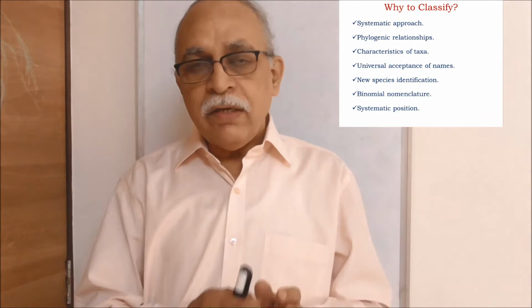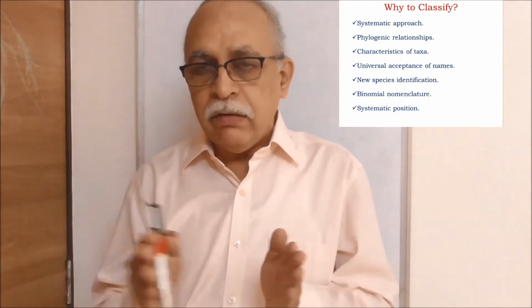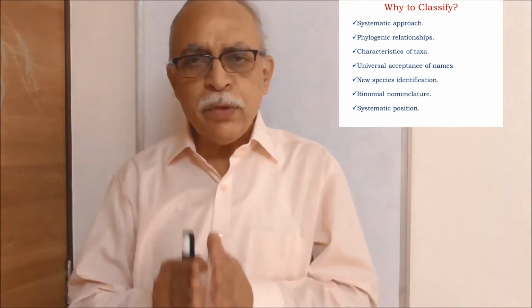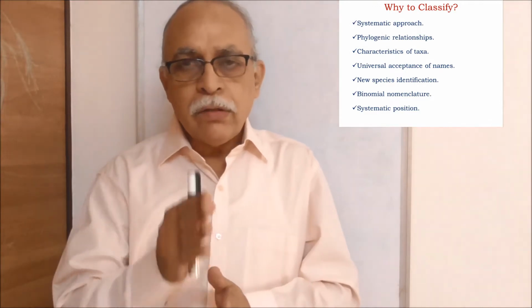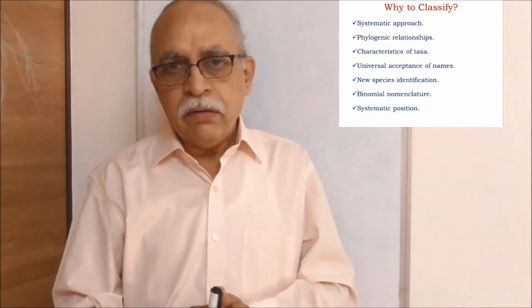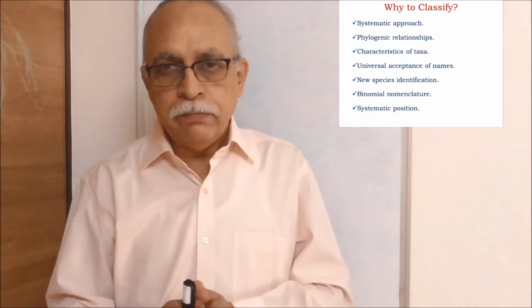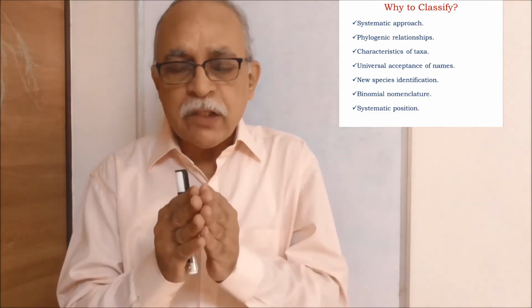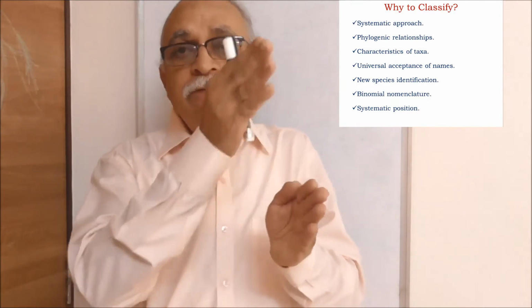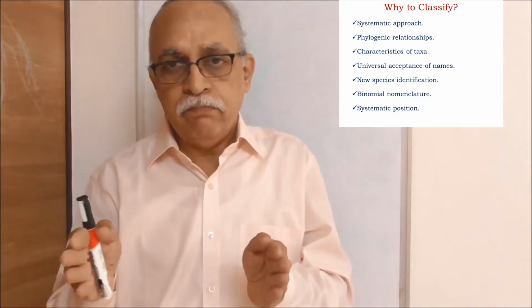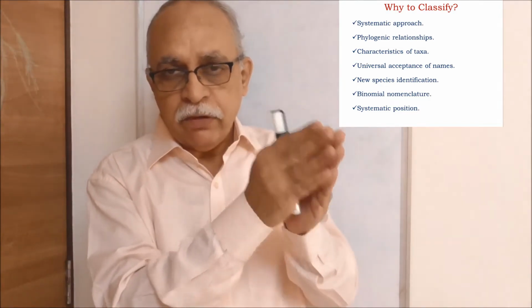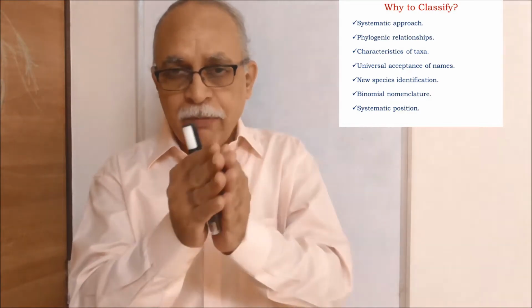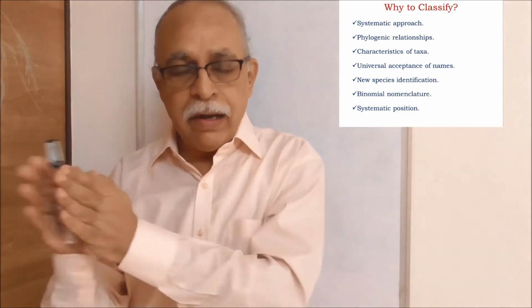Secondly, it gives you a phylogenetic relationship. Here I may mention that when you start classifying a particular group of animals, group of plants, whatever, you have a specific way of placing them. Which type of plants first, which type of animals first, which type of animals second, third.